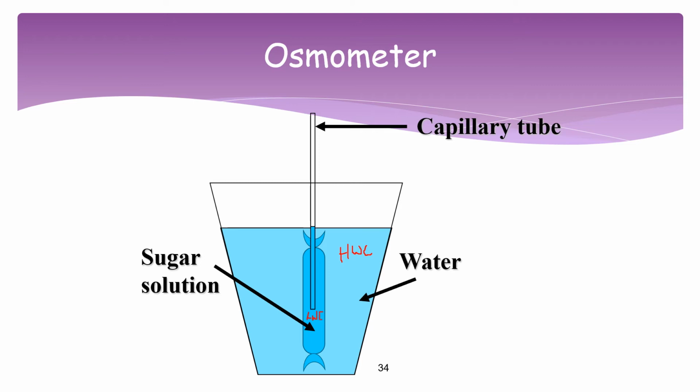So osmosis should move the water from the high water concentration to the low water concentration. Now there's nowhere else for the water to go except up this capillary tube. So to measure the rate of osmosis, we would have to time how long the water takes to get to a certain distance.